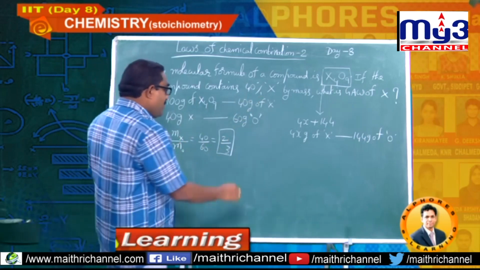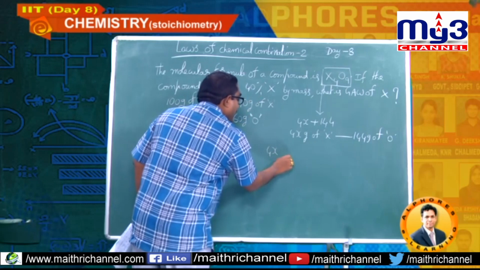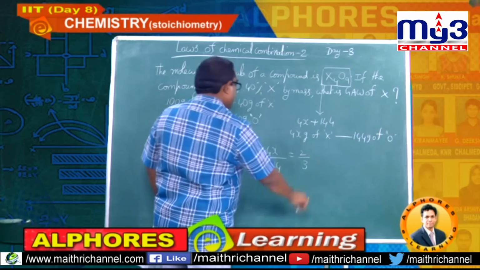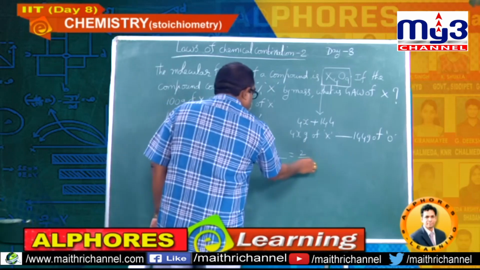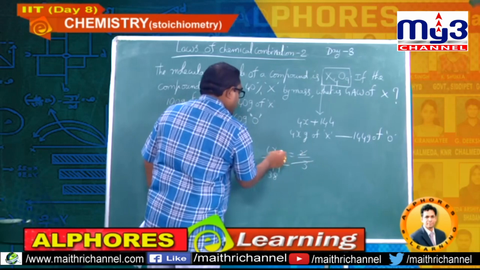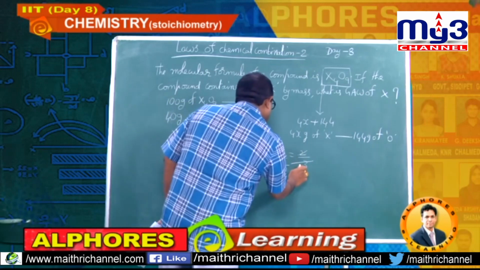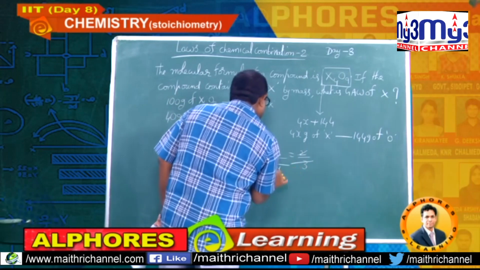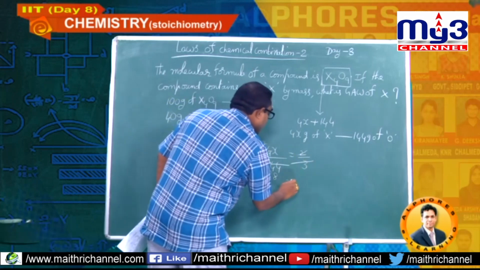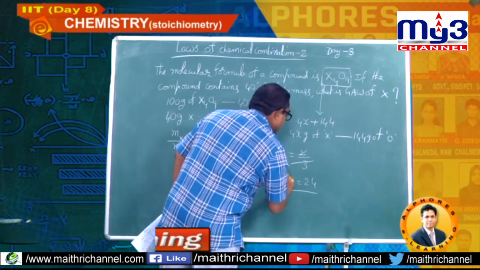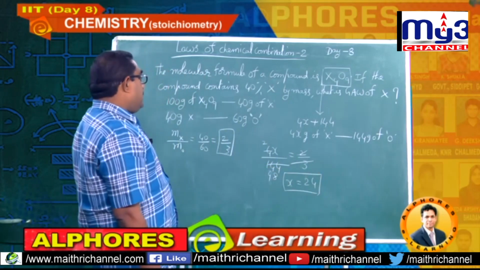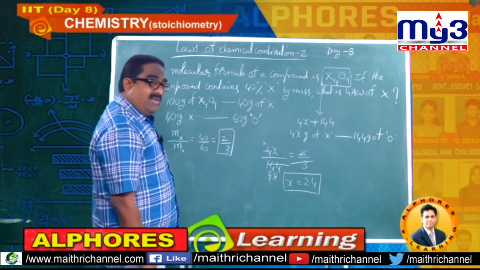So I am writing 4x by 144 is equal to 2 by 3. 3 gets cancelled here. 4 3s are 12, 3 8s are 24. And this 2. So x is equal to 24. That is the atomic mass of X.